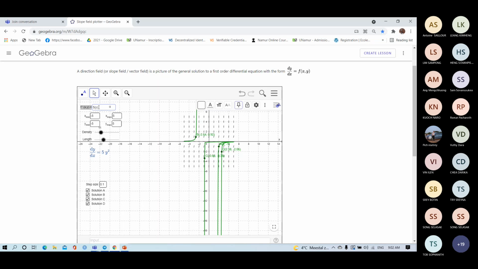I just put y because it's dy over dx. If we plot it in a graph, you see, this is the value that they try to reach, not reach to. It means it leaves the stable value.